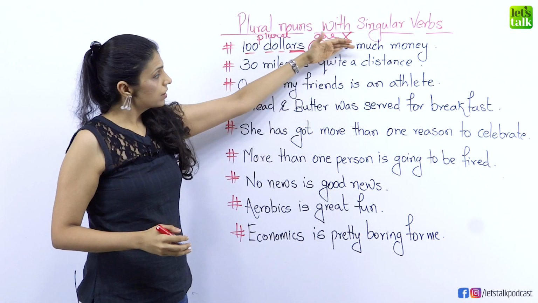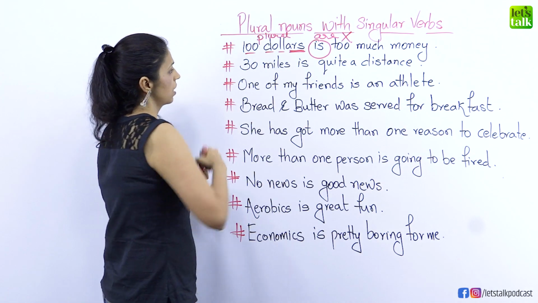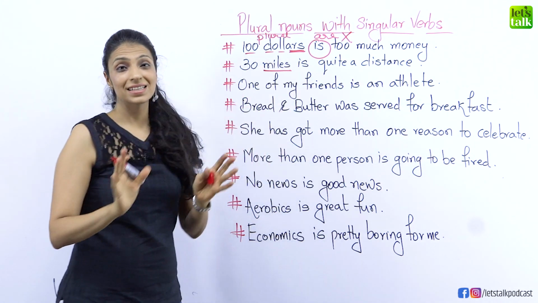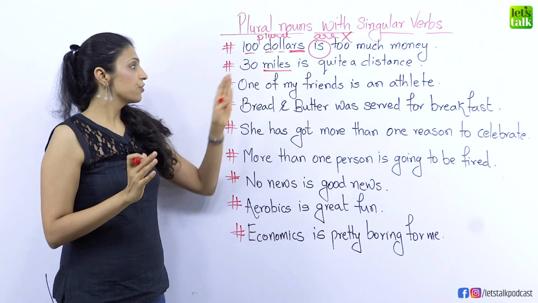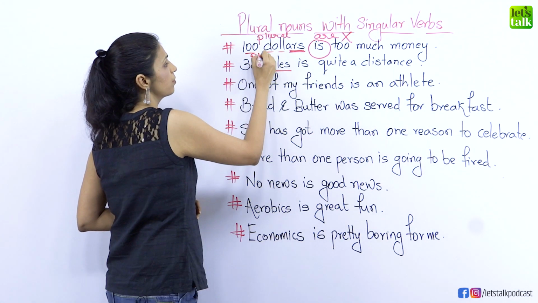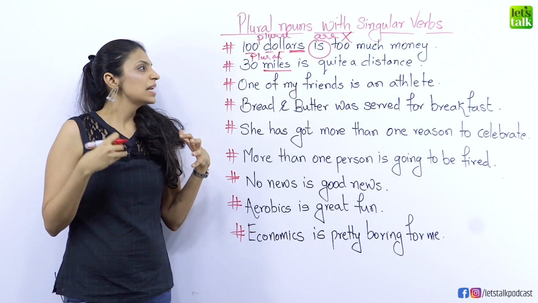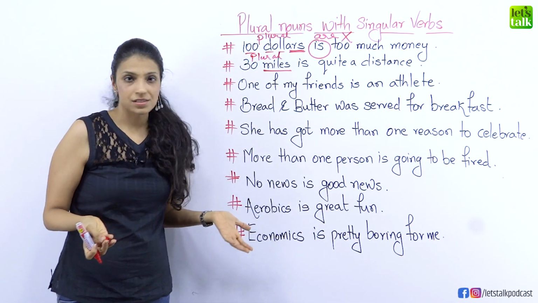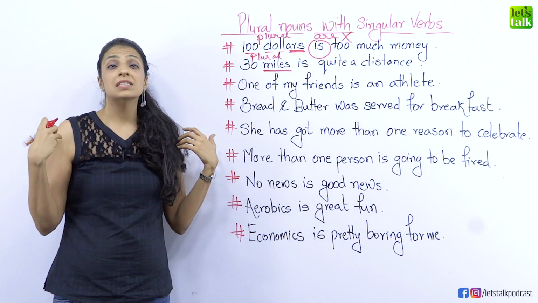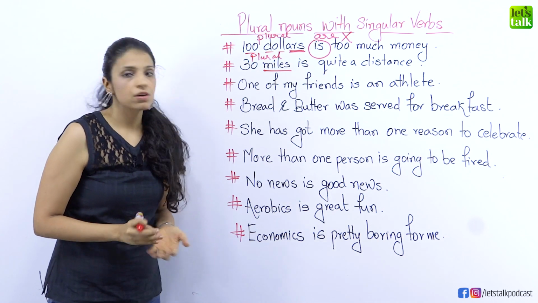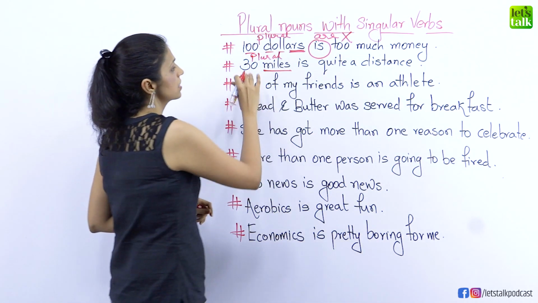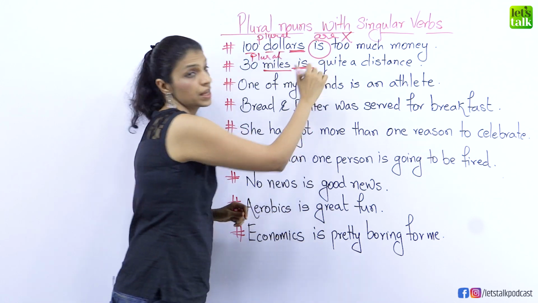Now, similar to the above sentence, I have a plural noun, miles, more than 1 mile, 30 miles. So, again you have a plural noun here, is. You don't say 30 miles are quite a distance, or 30 miles are a long way to walk. You don't say that. You say 30 miles is.